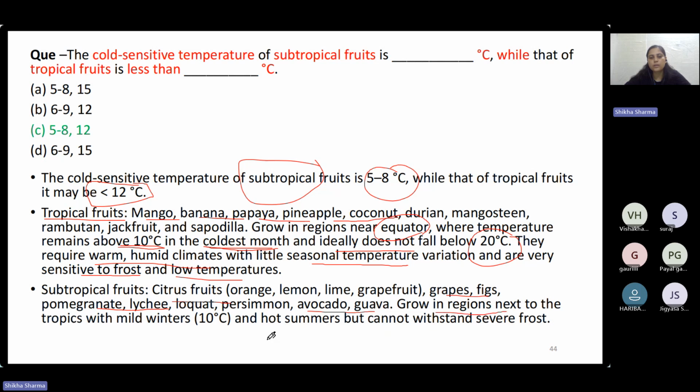They grow in the region near the tropics, but they can tolerate mild winters, like 10 degrees Celsius temperatures, and hot summers also, but they cannot withstand severe frost. So it depends on which climate they are growing in; that is how fruits are divided into tropical and subtropical. There are also some temperate fruits, which can grow in temperate conditions.